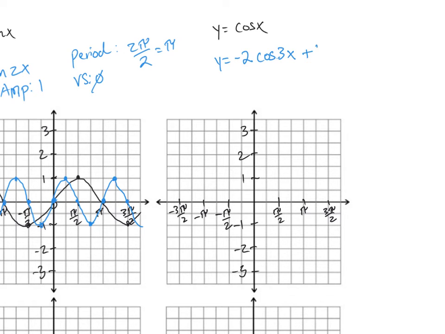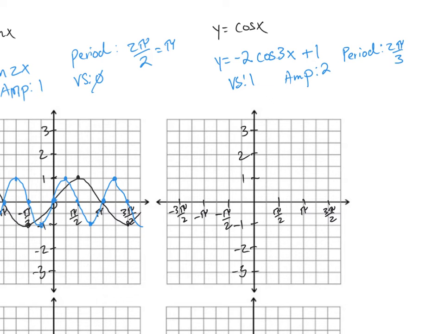plus 1. There's a lot going on there. This one has a vertical shift of 1. The amplitude is 2, and it's negative 2, so it's flipped upside down. And the period now is 2 pi over 3.